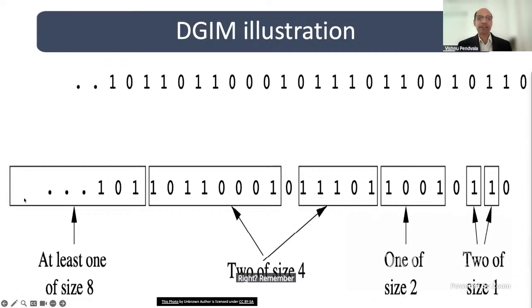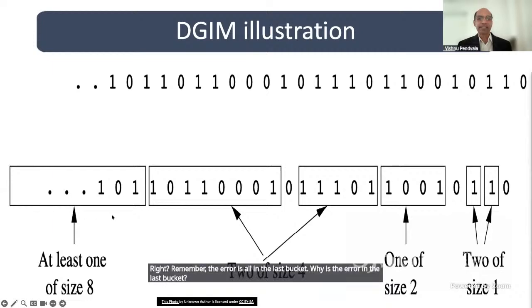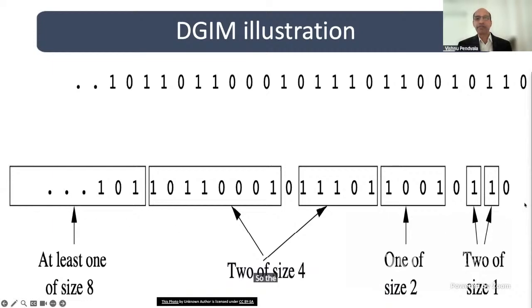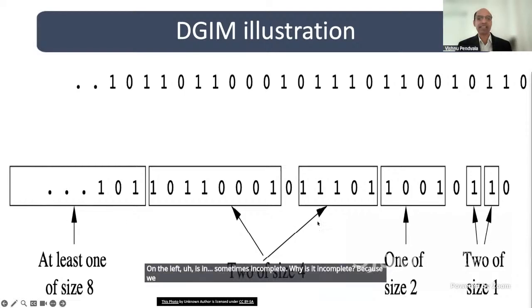Remember, the error is all in the last bucket. Why is the error in the last bucket? So the buckets are forming from right to left. So the last bucket on the left is sometimes incomplete. Why is it incomplete? Because we save only the n number of bits.